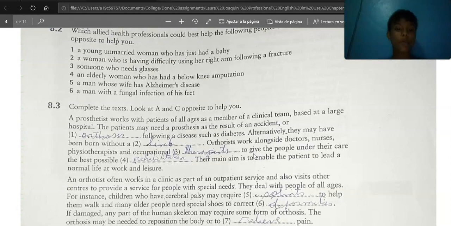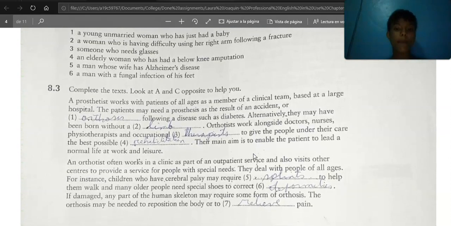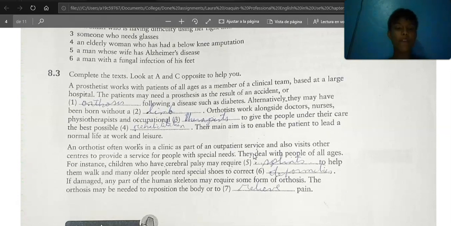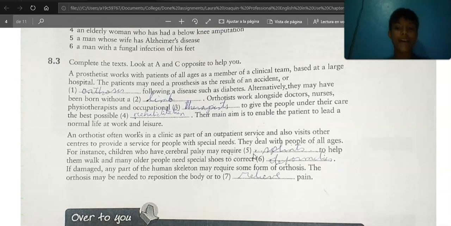An orthotist works with patients of all ages as a member of a clinical team based at a large hospital. The patients may need a prosthesis as a result of an accident, or an orthosis following a disease such as diabetes.